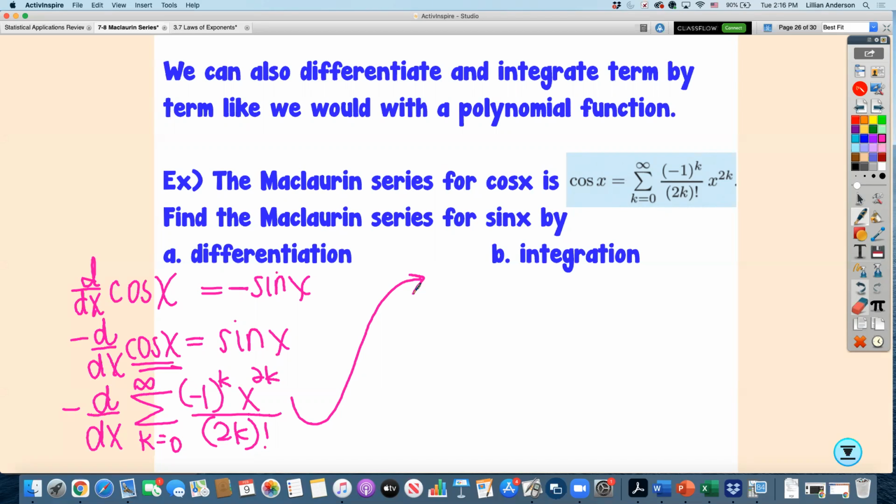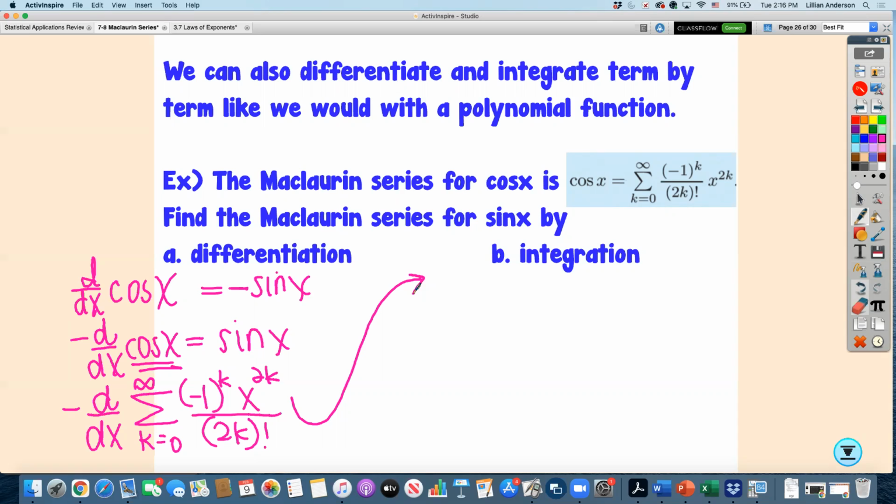What does all that simplify down to be? What's -1 to the 0 power? 1. What's x to the 0 power? 1. And what's 0 factorial? 1. So it simplifies down to be 1.